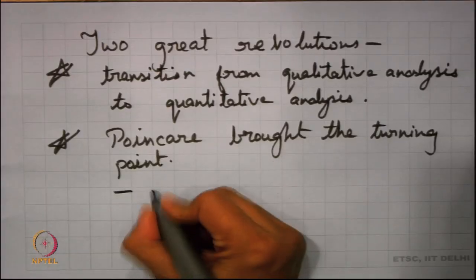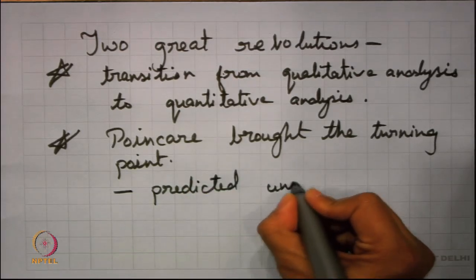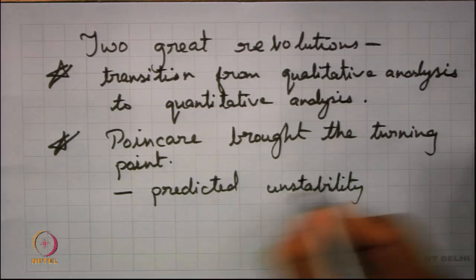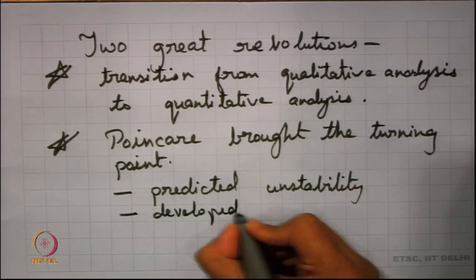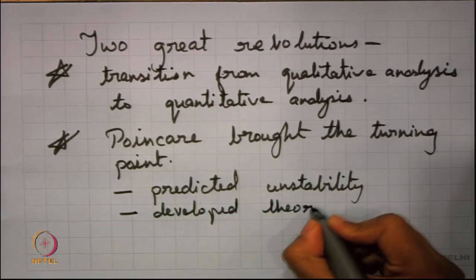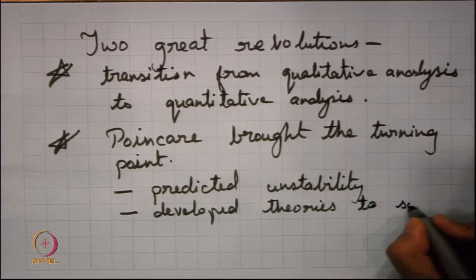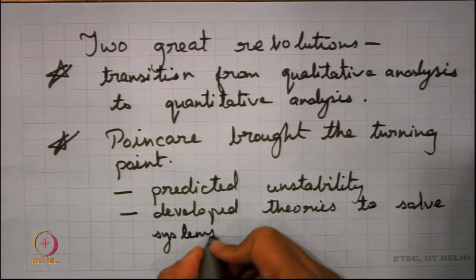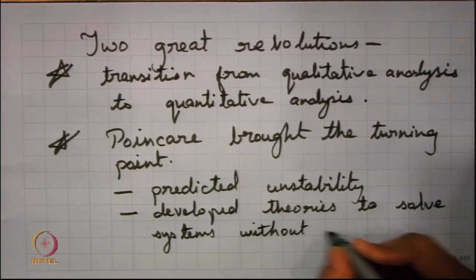So, Poincaré predicted basically unpredictability, instability, he developed theories to solve systems without using any integration.